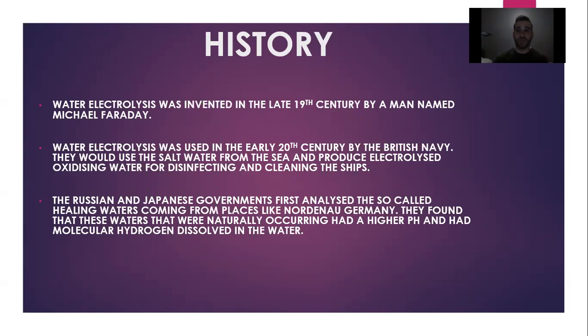So they could analyze and see the properties, and they did find consistencies across all of these locations: a higher pH, a negative redox, and molecular hydrogen gas in the water. There was H2 in the water. Okay, so almost like a naturally occurring electrolysis process was happening in the Earth.